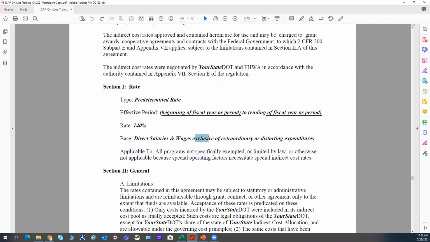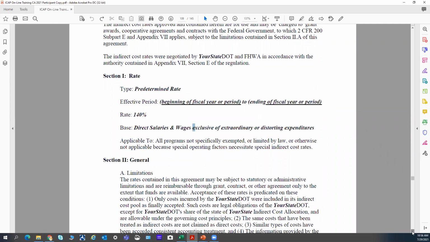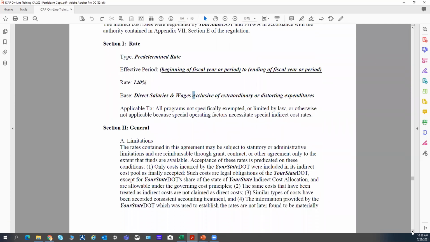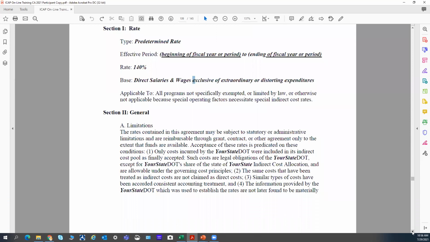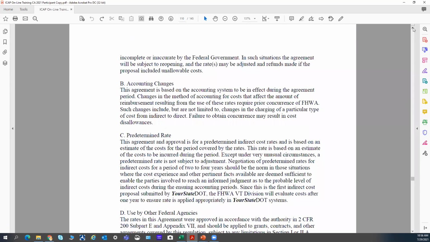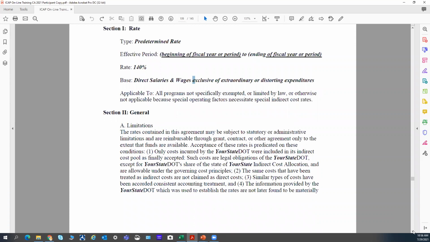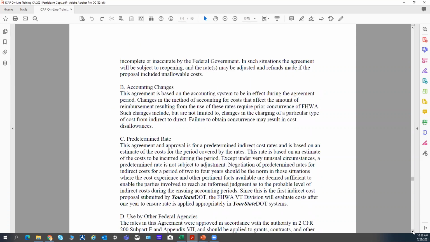This one says exclusive of extraordinary distorting expenditures. So it's nice to see stuff like this in the agreement, because you're bringing those requirements that are outlined for an ICAP right into the documentation that's being submitted.